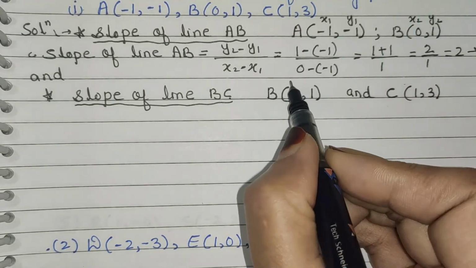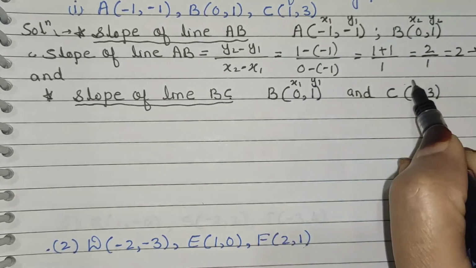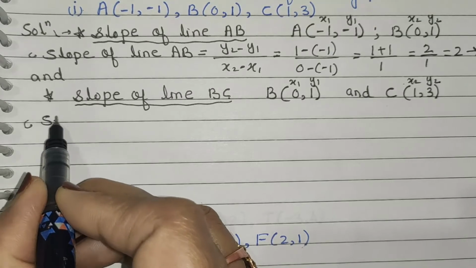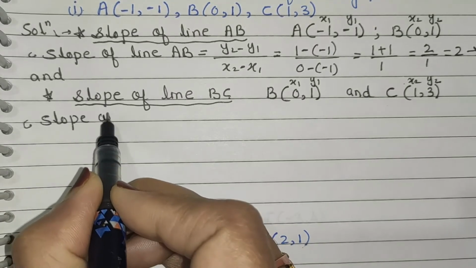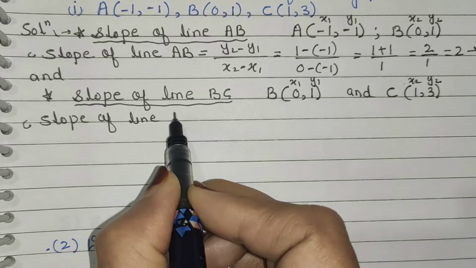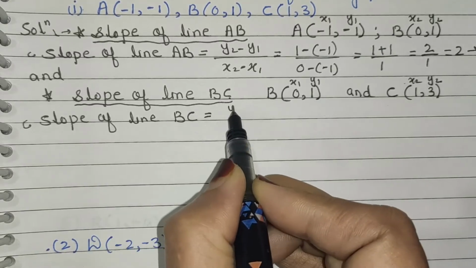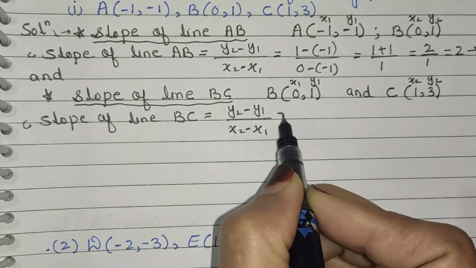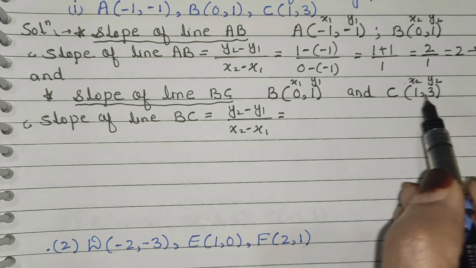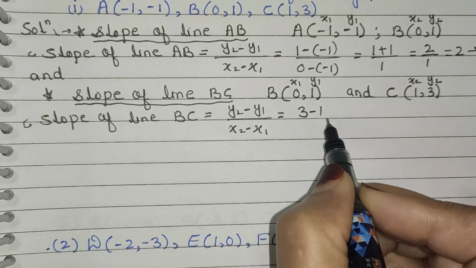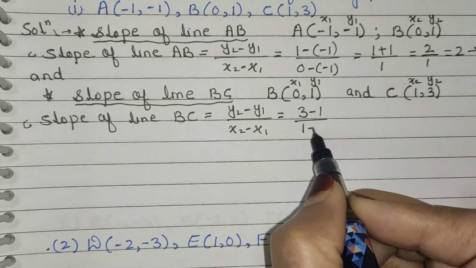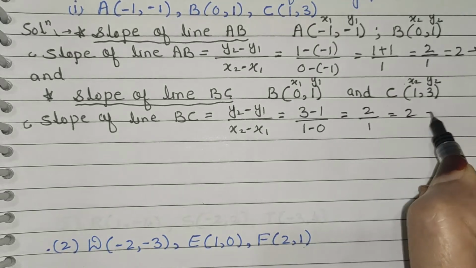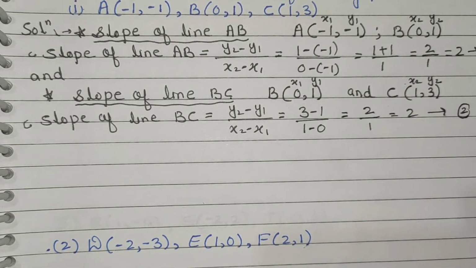Let us consider coordinates x1, y1 and here it is x2, y2. Therefore, by using the formula, slope of line BC is equal to y2 minus y1 upon x2 minus x1. Substituting the values, we get here 3 minus 1 upon 1 minus 0 is equal to 2 upon 1, which is equal to 2. Give it equation number 2.